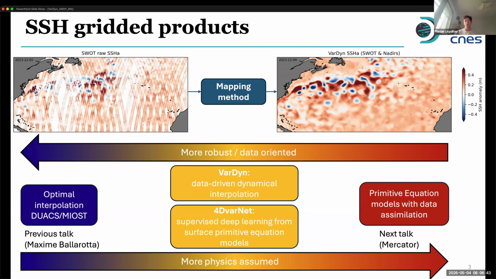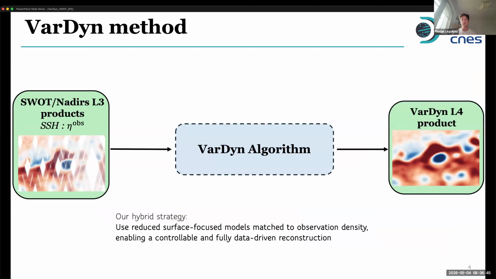So here in this presentation, as you know, I will speak about the VarDyn method. The main strategy is to use reduced surface-focused models to match the observation density, so the surface, which allows to have a fully controllable system and fully data driven, because the model is really used as a weak constraint in the data estimation system, and it's simple enough to really focus on the data.